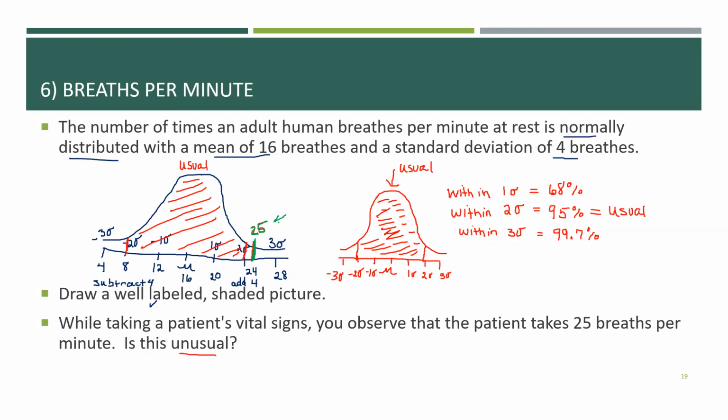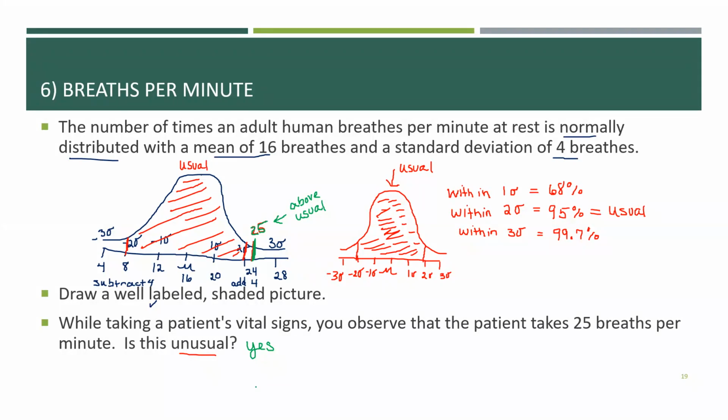So this is above usual. So then down here, is this unusual? Yes, it is unusual because it is not between 8 and 24. It is above. So breathing less than 8 times in a minute, that would be unusual. Breathing more than 24 times in a minute, that also is unusual.